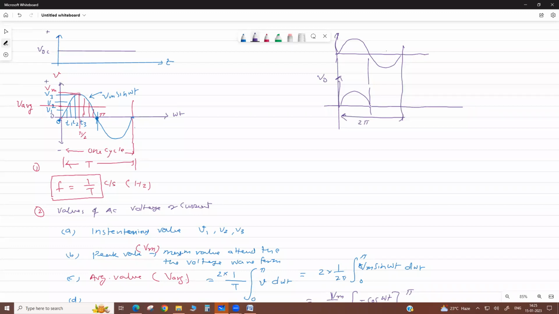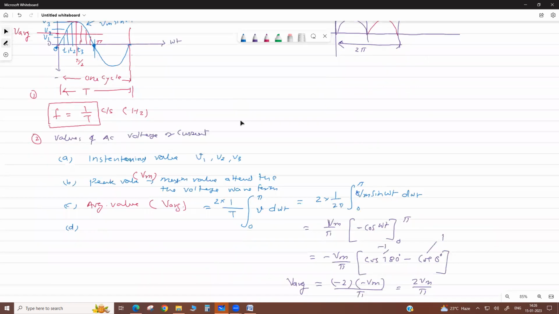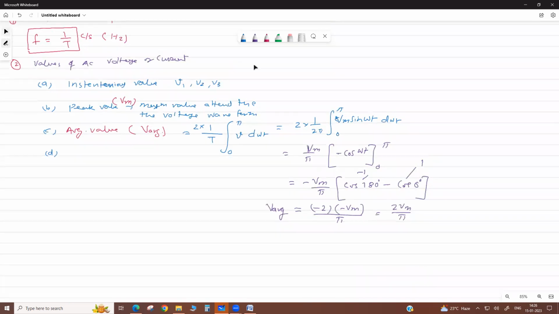We get only 1 pulse, but in full wave you get 2 pulses. So for full wave it is double. In a half wave rectifier, what is the average value? Vm by pi only. But in full wave it is double. Okay, we will come to that.